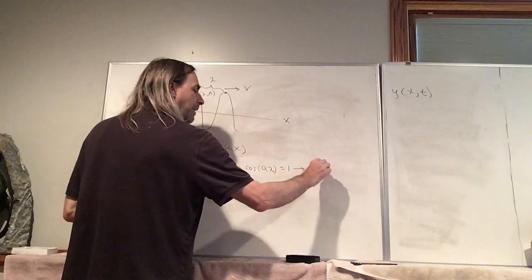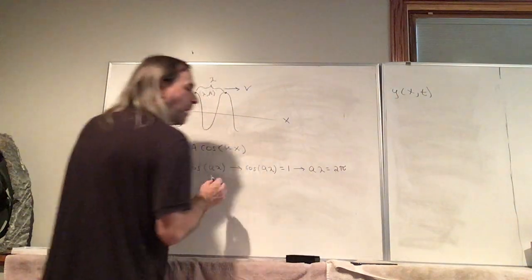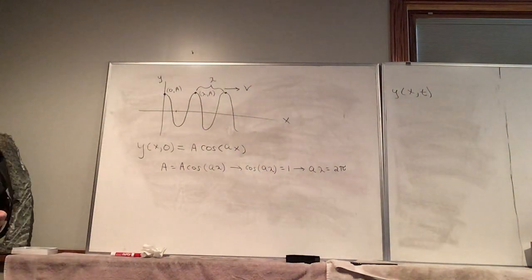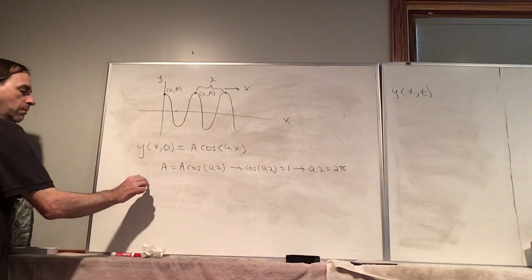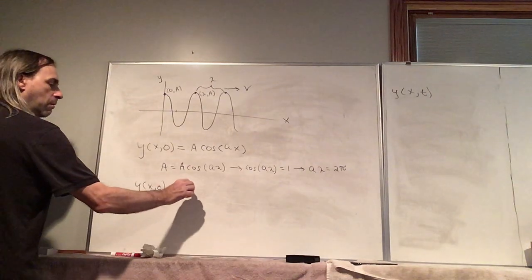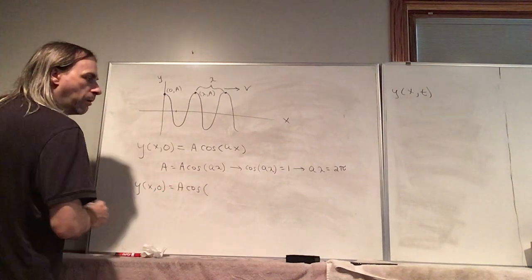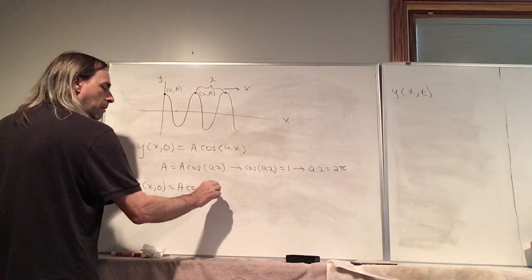So we have a times lambda equals 2 pi, or a is 2 pi over lambda. So now we replace a with 2 pi over lambda.